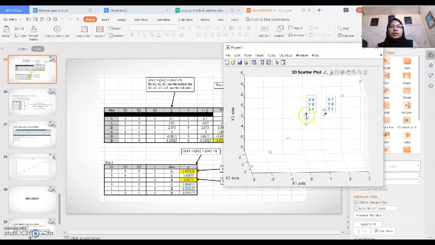So that's all for the Adaline algorithm.